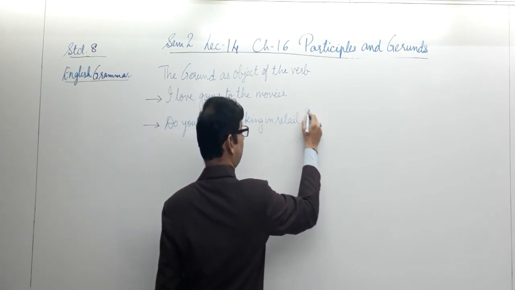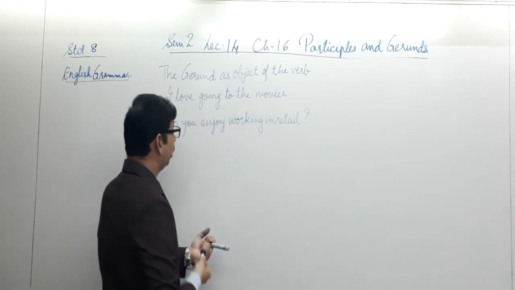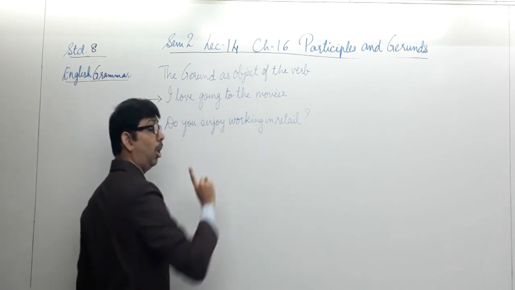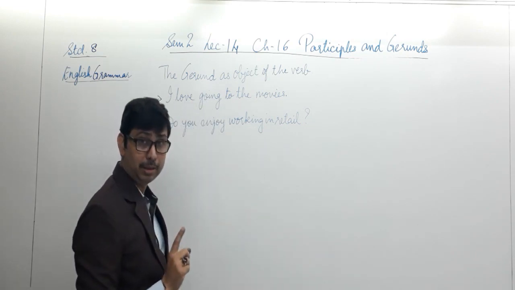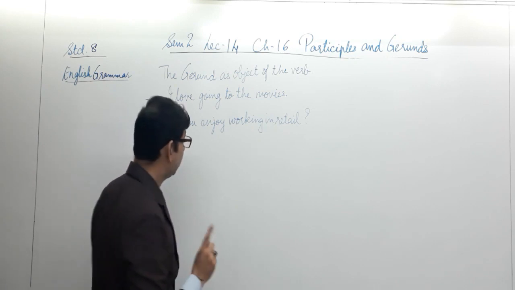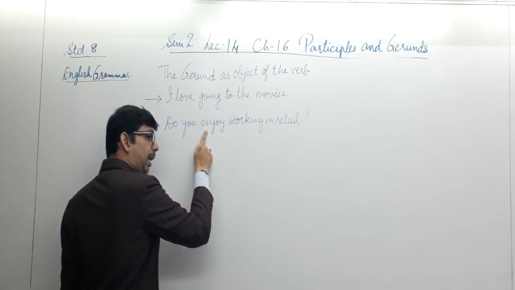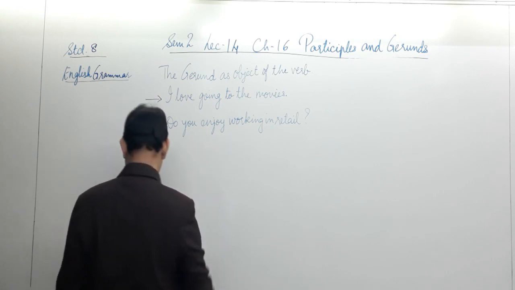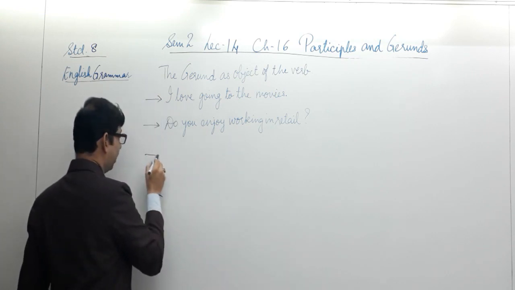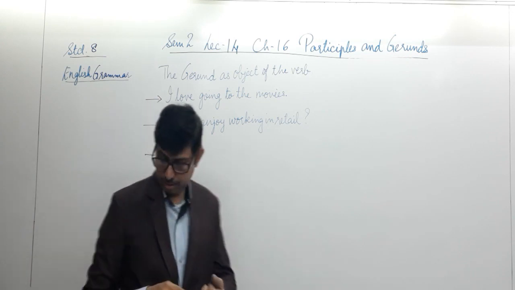Well, if someone asks this question, someone who will be using the word working not as a verb in the sentence. It is not playing the role of a present participle. It is the object of the verb enjoy in this sentence. So be careful when you write or understand gerunds.